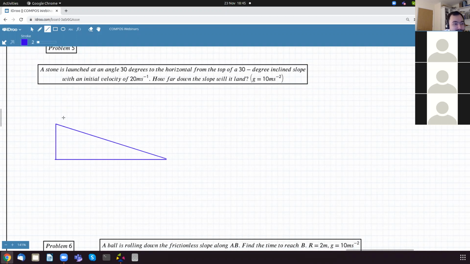So you have a stone which is launched at an angle, and there is the angle here. So I'll call this angle theta, and actually, I'll call this angle omega.